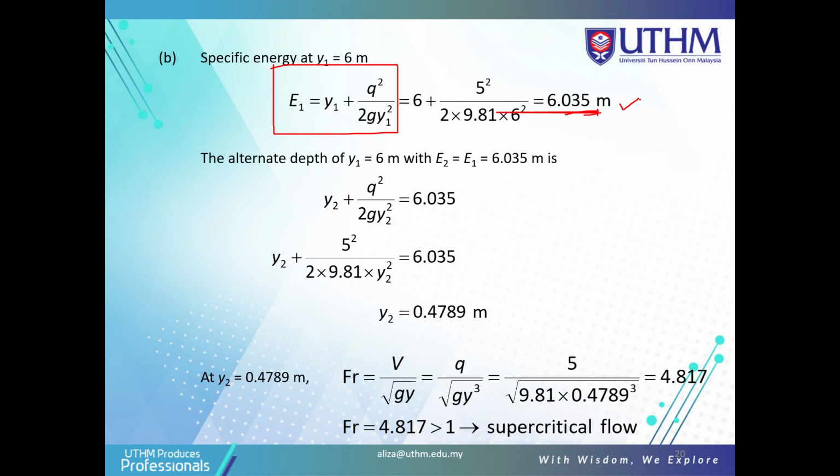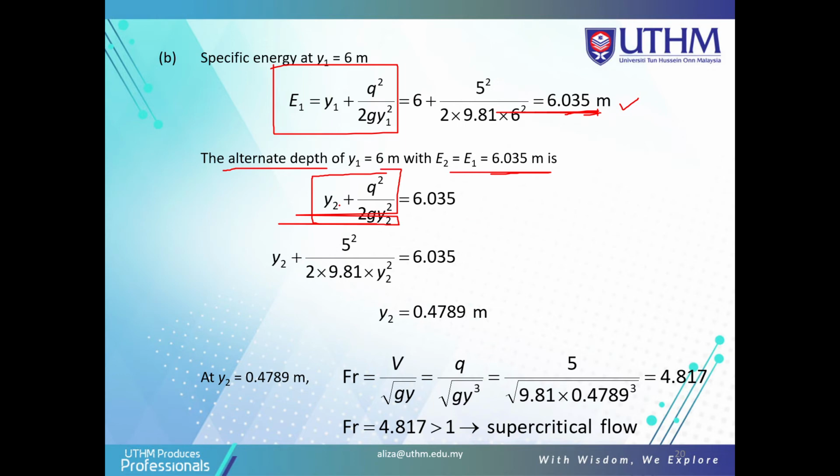Using the alternate depth, we know that E2 is equal to E1, so E2 is the same value as E1. You still use the formula for specific energy, but you change Y1 to Y2 because you want to find Y2. This is called the alternate depth, with E2 equal to E1, so we use this specific energy with Y2.